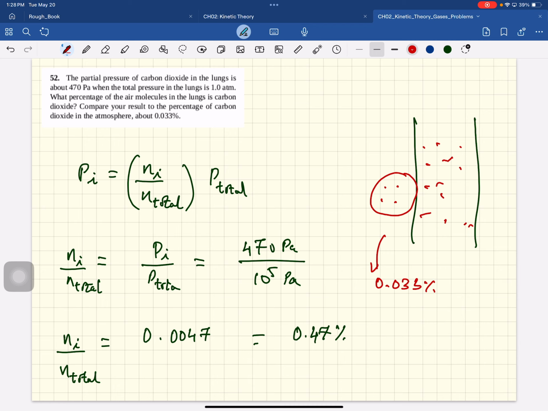The carbon dioxide concentration here is much higher, and it'll diffuse. So for diffusion to happen, for you to get rid of carbon dioxide, the concentration in the blood vessel has to be much higher than here. Okay? And that's how it happens.